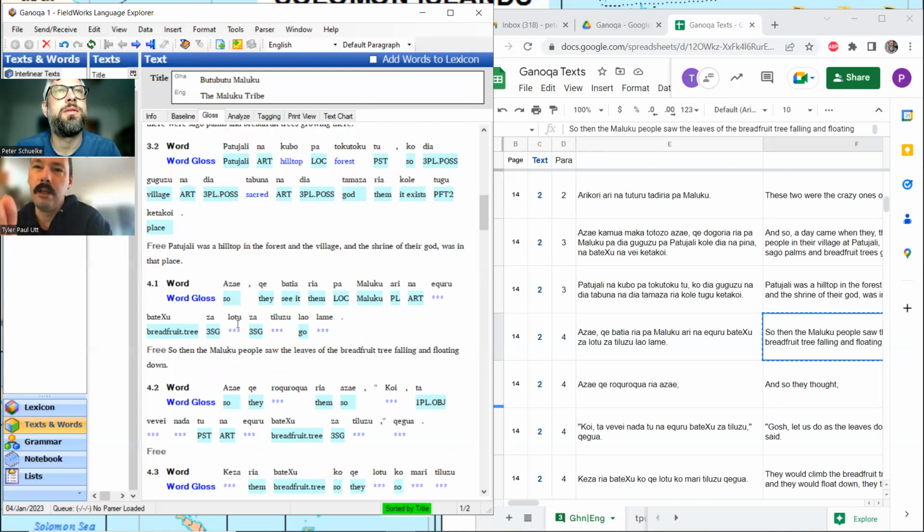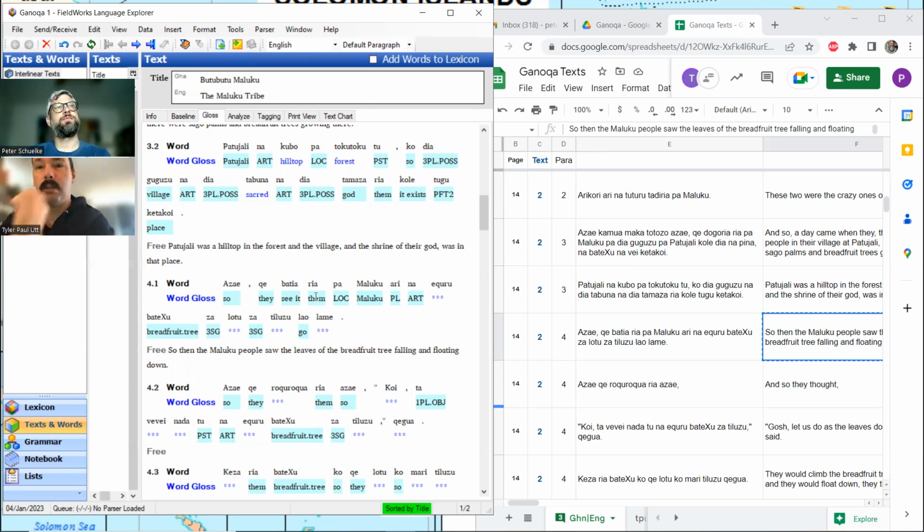Now, I think that Ria pa Maluku, this is maybe the second or so occurrence of it. That's going to be the Maluku people, those from Maluku. Not them really, but like I said, either those or they, the ones. I don't think we put them because it was used as an object in the first text. That's right.